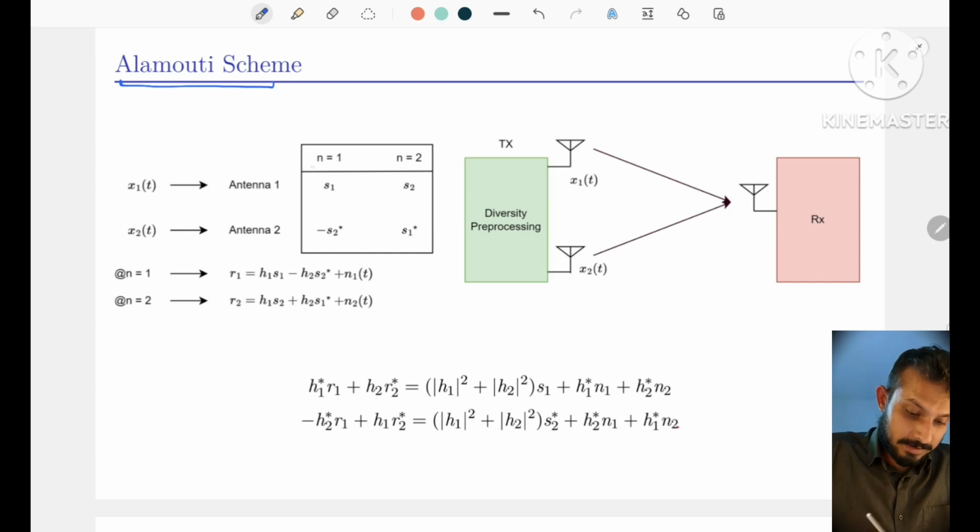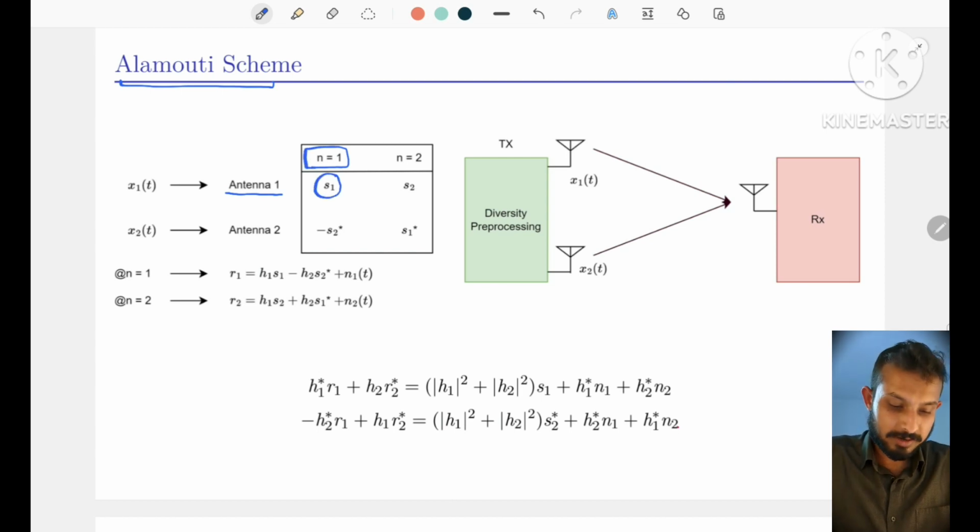What he said is, from antenna 1 at time n equal to 1, you send a symbol S1. Then at time n equal to 2, from antenna 1, you send the second signal S2. Similarly, from antenna 2 at time 1, you send minus S2 conjugate.